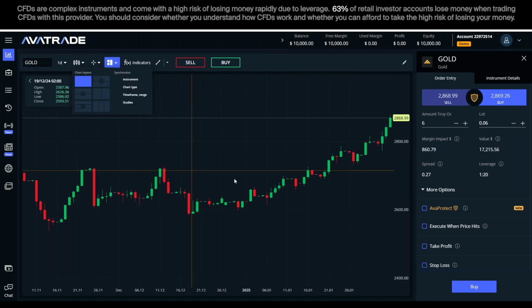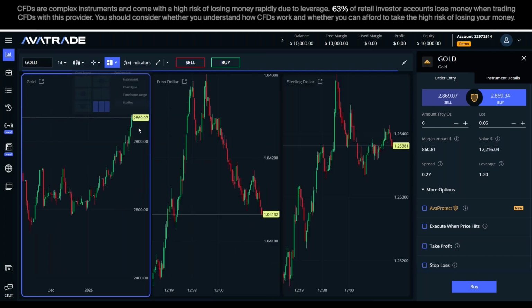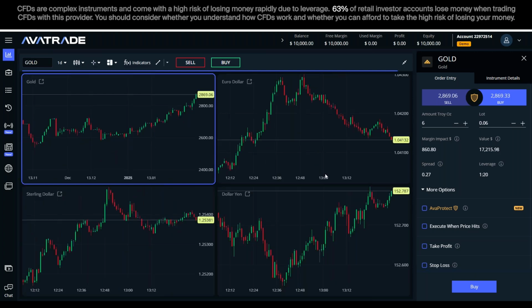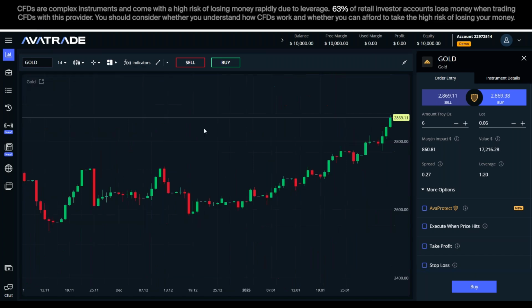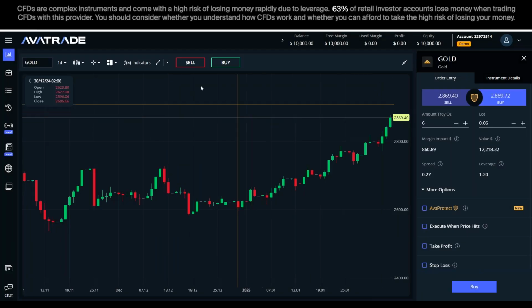We can further take it and analyze it to our needs. In here I can have multiple charts. We can have 2, we can have 3, we can even have 4, right? And go crazy with it. If I keep going to the right, we have here indicators. We're going to apply one anyway, so there's no need to delay on that now.